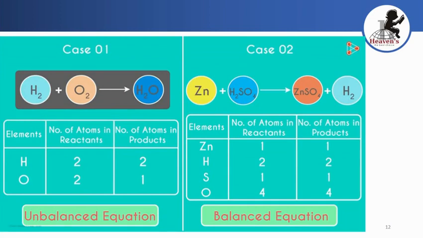Then only the equation follows the law of conservation of mass. So in the second case, on both sides the number of atoms are the same, that's why it is called a balanced chemical equation. In the first case the number of atoms are not equal, that's why it is an unbalanced chemical equation.